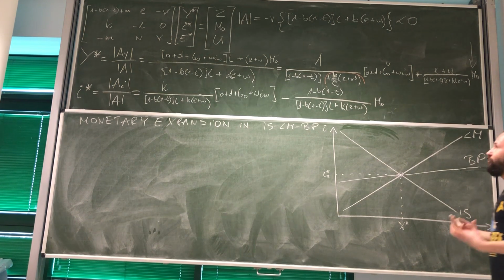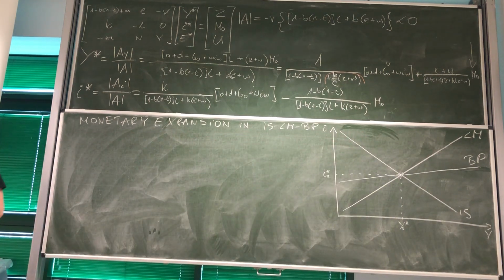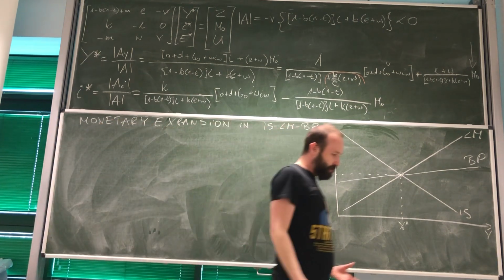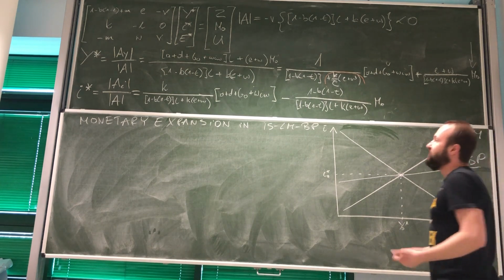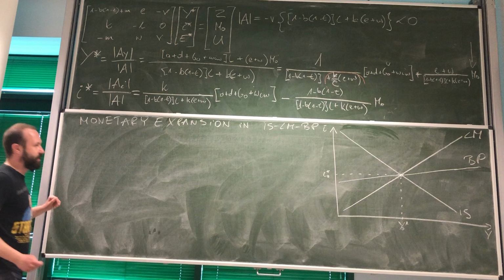Okay, so now we are actually ready to see what happens in ISLM-BP model when central bank uses monetary expansion or a government is using fiscal expansion. And let's start with monetary expansion.